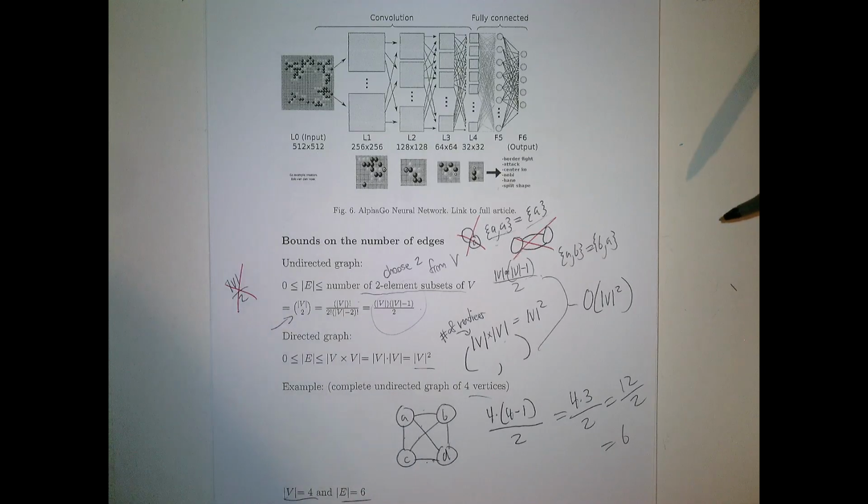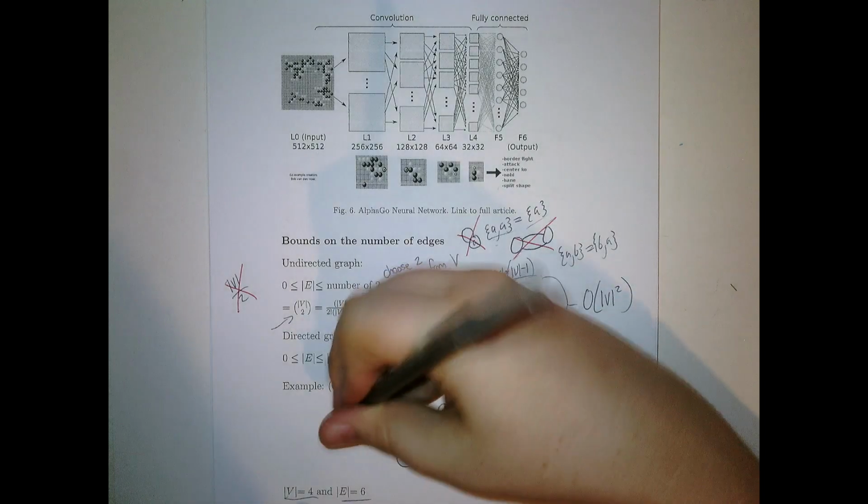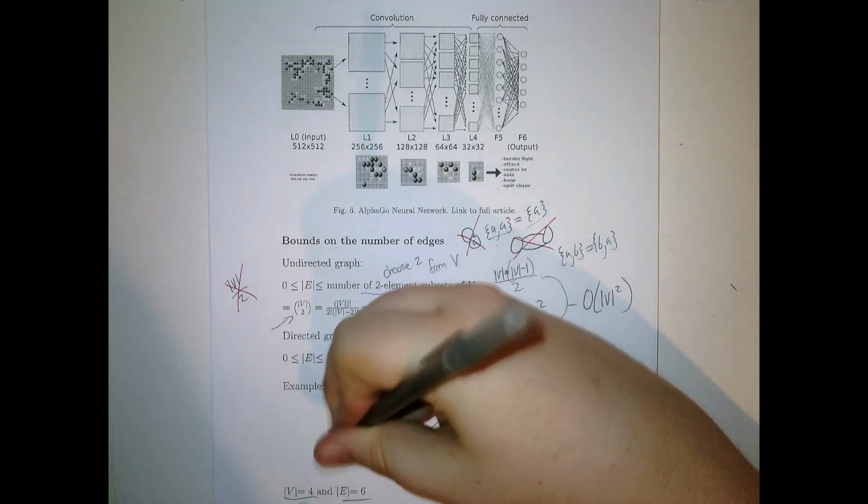Okay, so, oh yeah, one more thing I was going to mention. Complete graphs are graphs which have every possible edge, right?